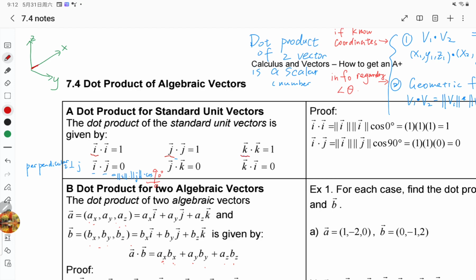In the x direction, the unit vector is i. So x, y, z corresponds to i, j, k, the order of the English letters.